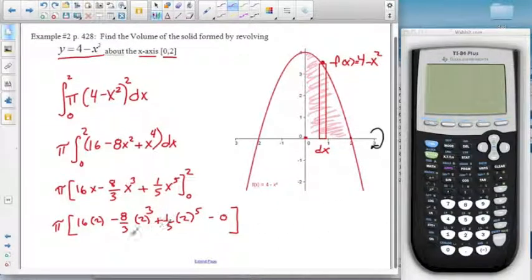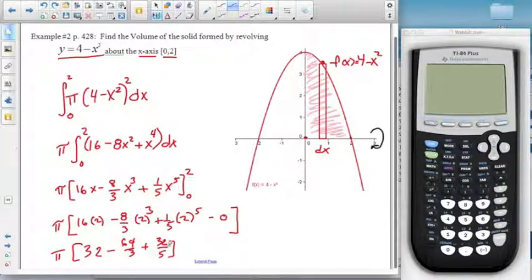And as we evaluate that, we have pi times a quantity of 32 minus 64 over 3 plus 32 over 5.